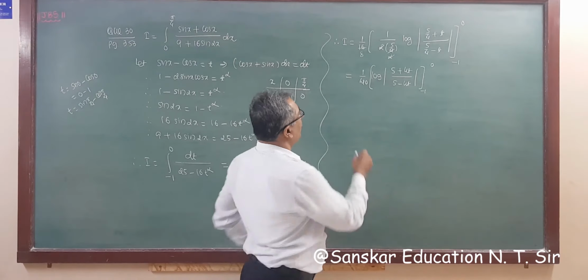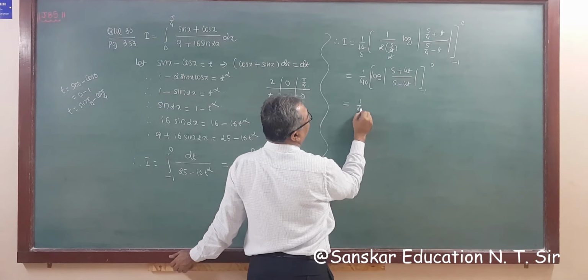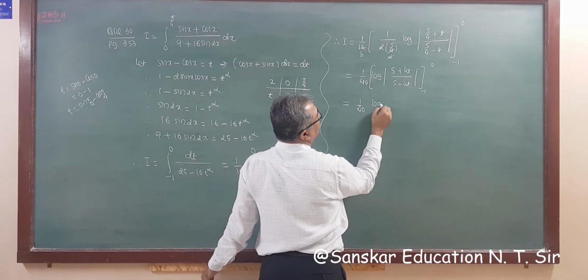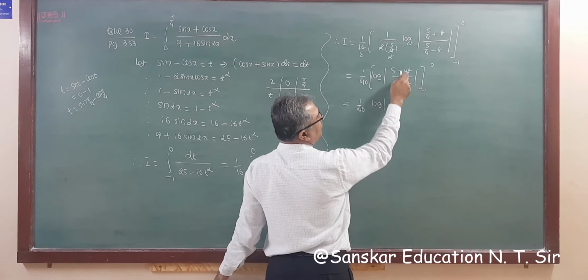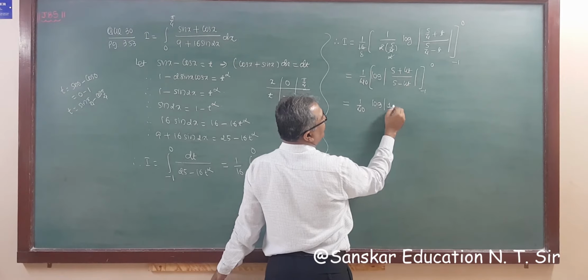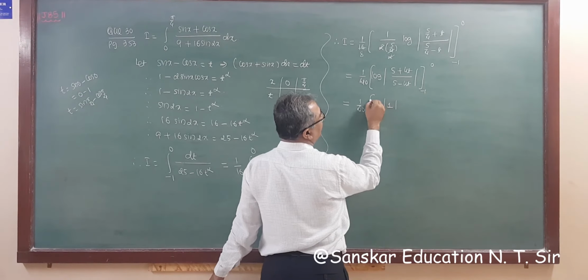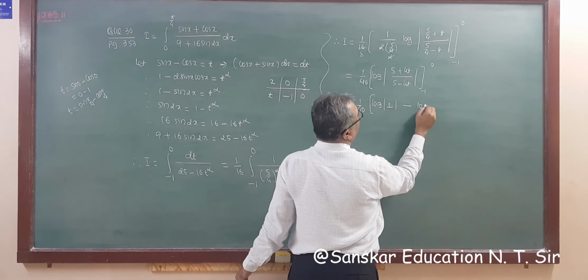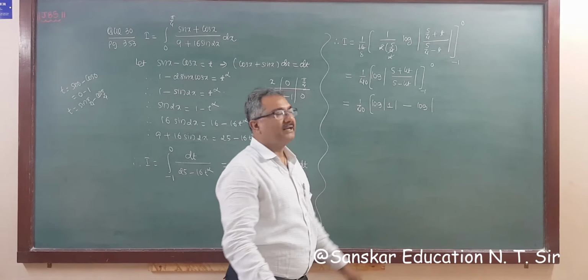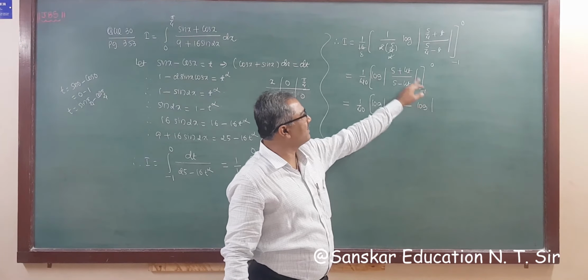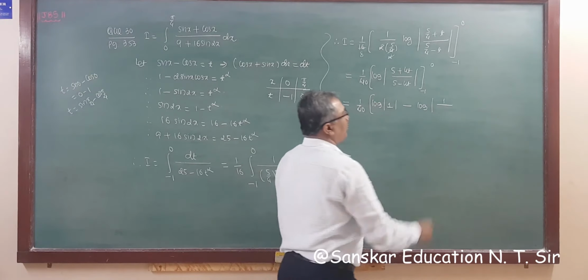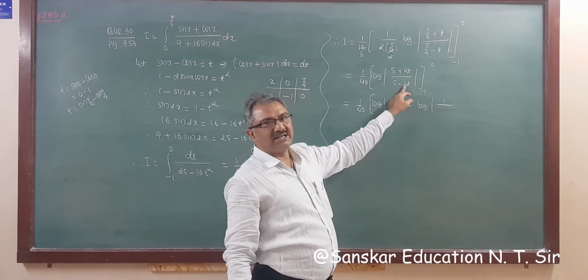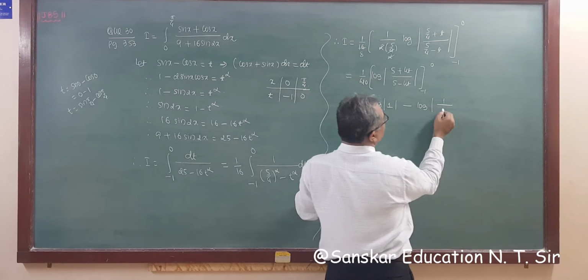Taking t is 0, what do we get? We get 1 upon 40 log, t is 0, that is 5 divided by 5, that is 1. So log 1 minus log of, taking t is equal to -1, 5 minus 4 is 1 upon 5 plus 4 is 9.